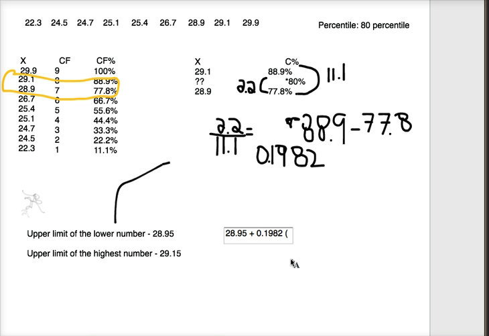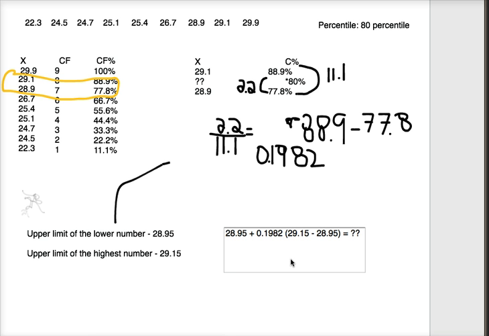And then we are going to multiply that by the higher number's upper limit minus the lower number's upper limit. This is going to provide us with that unknown score associated with the percentile.